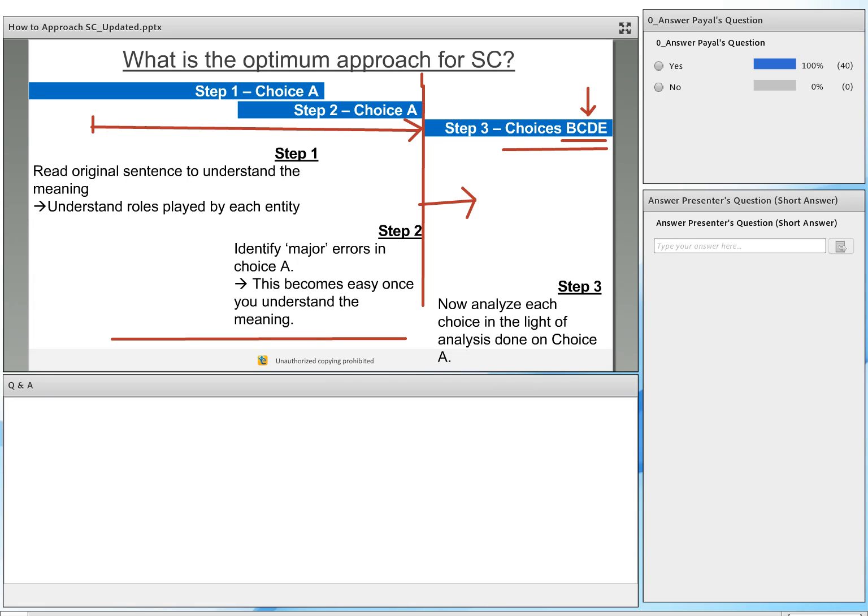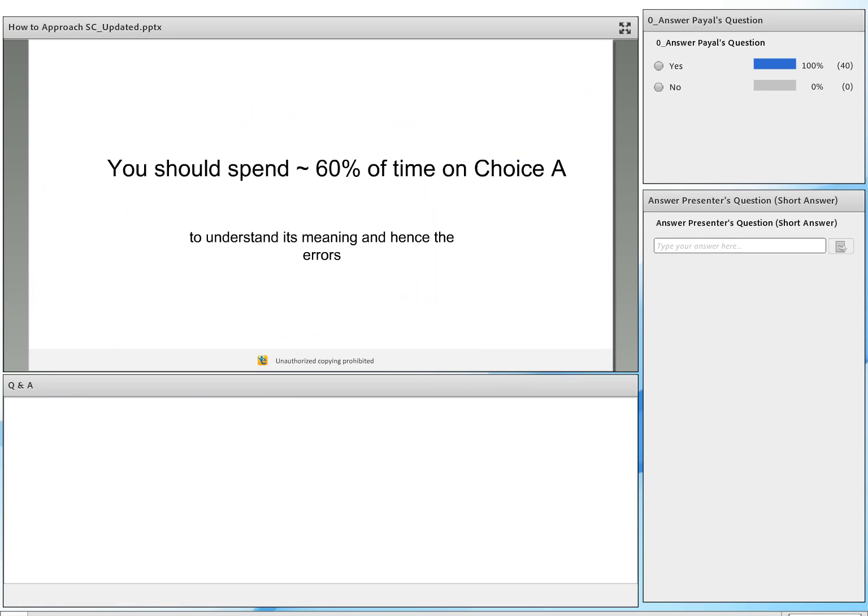That is why you have to spend upwards of 50% of your time on choice A. Does this make sense now? When I say spend more time on choice A, I don't mean that in absolute terms. I mean relatively you have to spend more time on choice A. Of the total time that you spend on an SC question, 60% of that time should be spent on choice A. Okay?